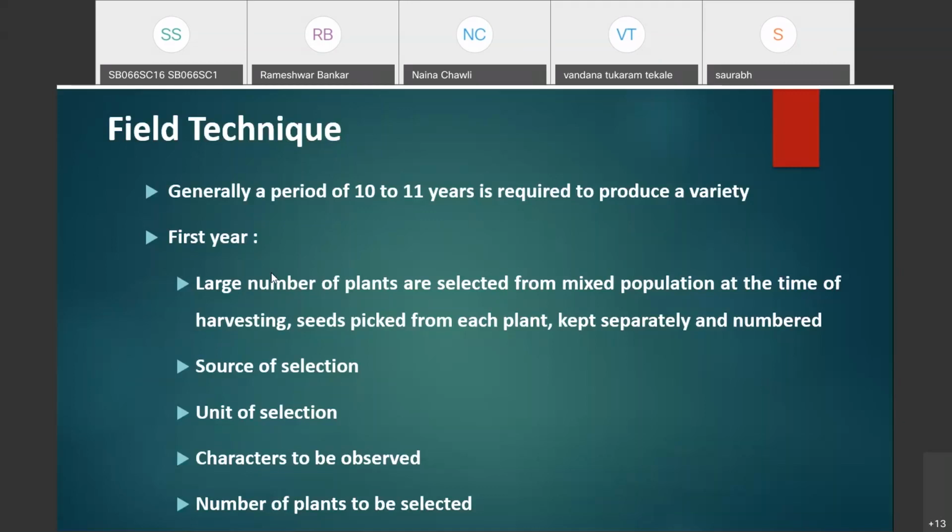Then another important thing, unit of selection.